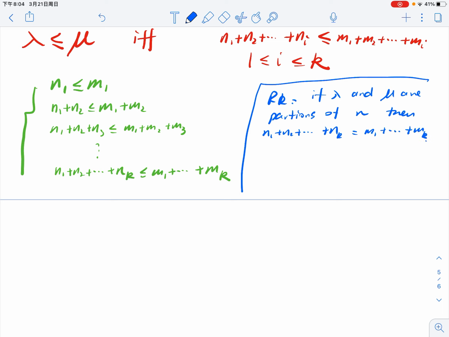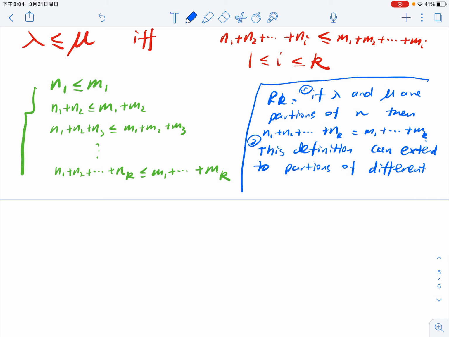But we would like to define it in this form because this definition can extend to partitions of different numbers.